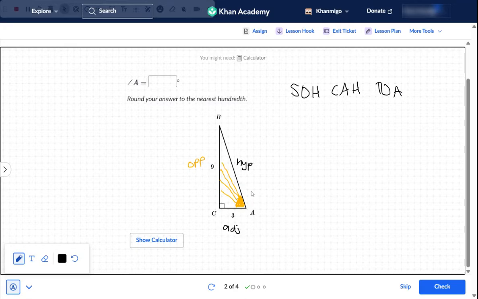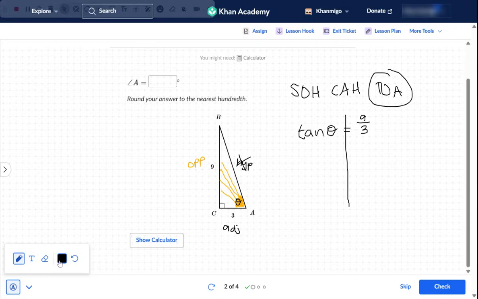Hypotenuse doesn't matter because they did not give us a measurement for that side, so we're looking just at opposite and adjacent. With SOHCAHTOA, we're looking for an acronym with O and A. So tangent. Writing this out, we'll have tangent of theta, our unknown, or tangent of A, is equal to opposite 9 over the adjacent 3.